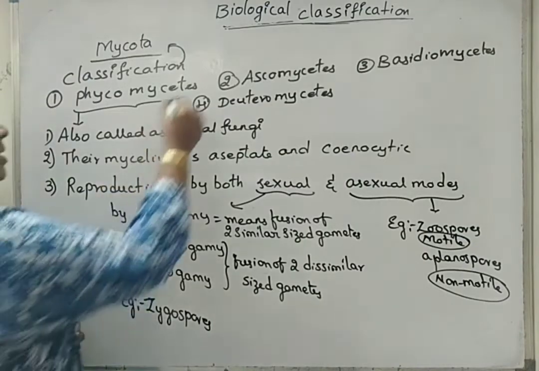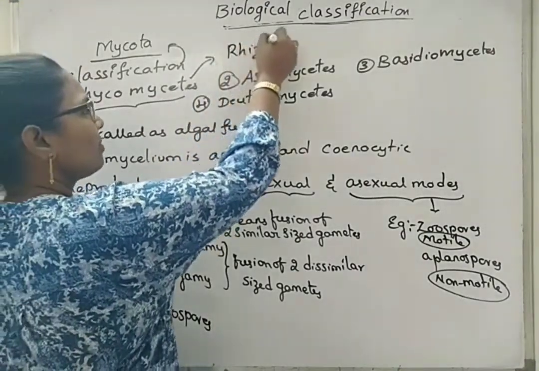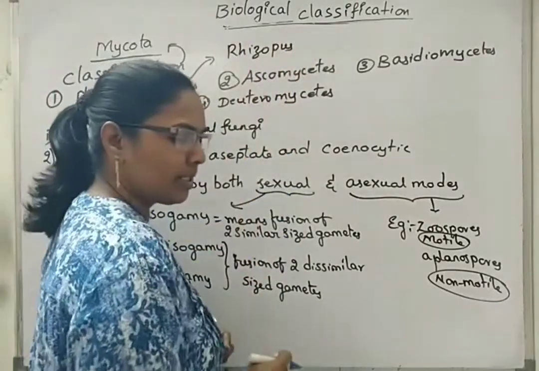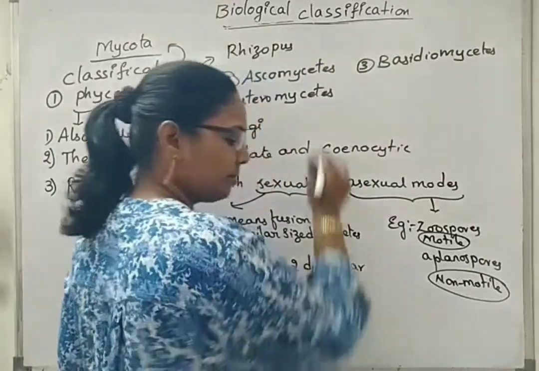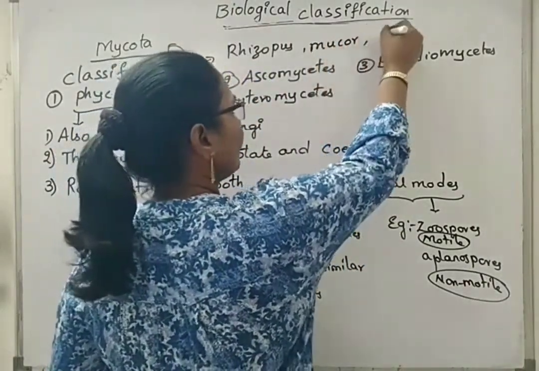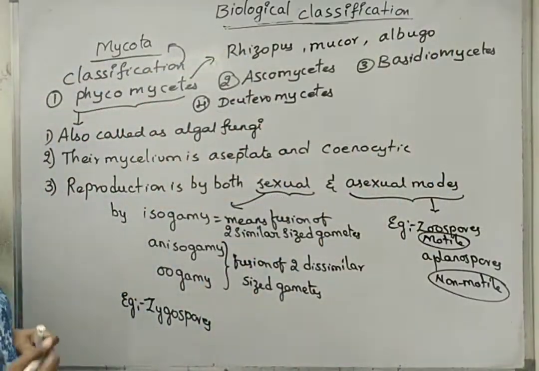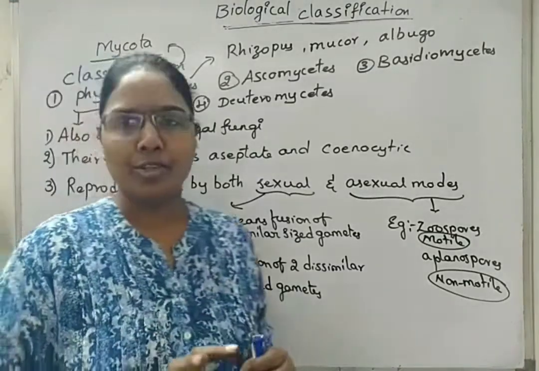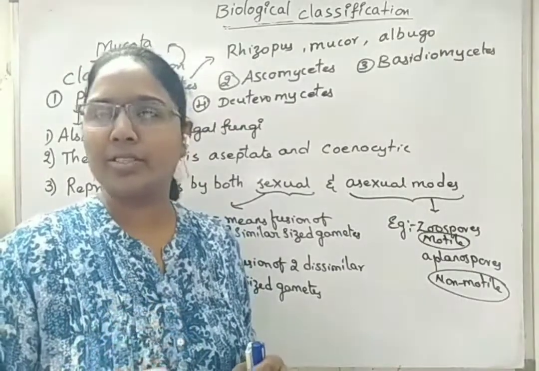Under Phycomycetes, we see examples like Rhizopus, next Mucor, and Albugo. Rhizopus and Mucor, when we see them morphologically, initially look similar, but there are some minor structural differences.